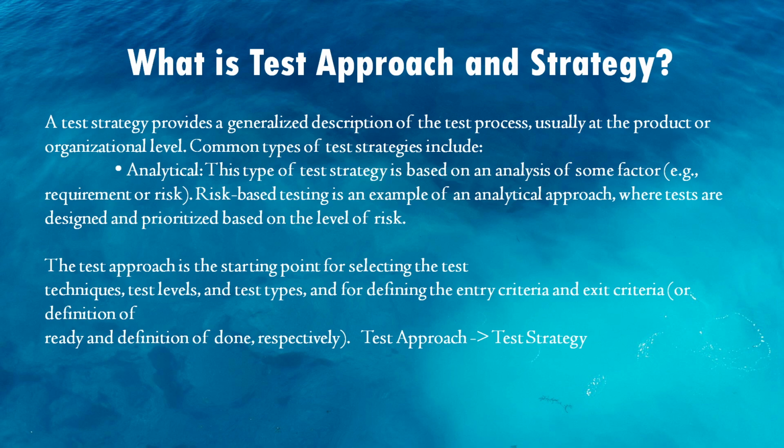That's called risk-based approach. That's one example of a test approach, but there are other test approaches, and it differs from project to project. As I said earlier, if there is a requirement, one team says I need to do it in this way, and another team will say I need to do a risk-based approach. So depending on the requirement, you need to strategize your test.